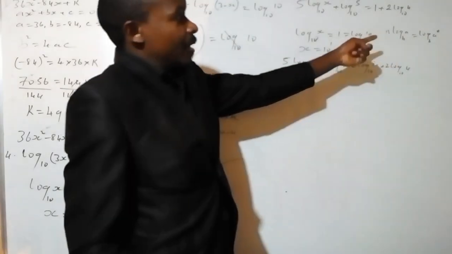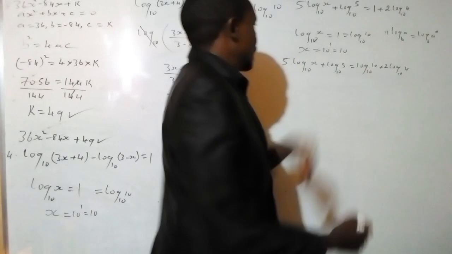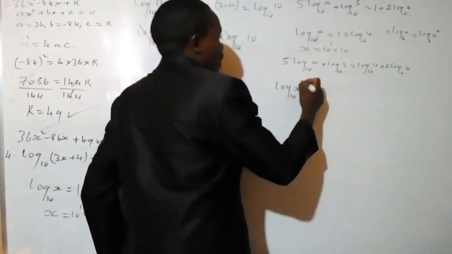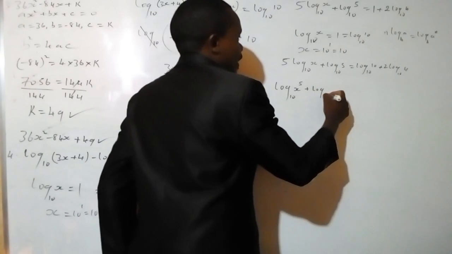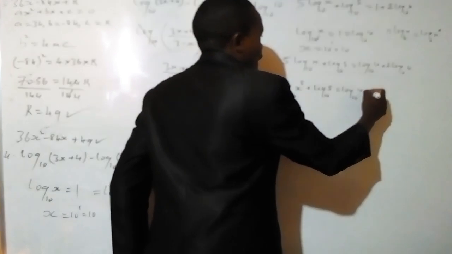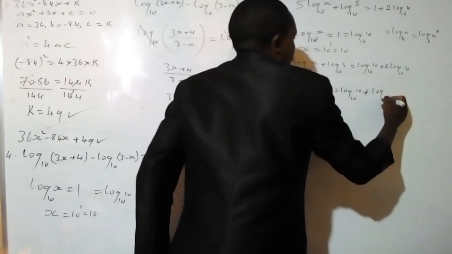We are going to write this in this format and say that log base 10 of x raised to the power 5, yeah, good, plus log base 10 of 5 is equal to log base 10 of 10, plus also similar to that, log base 10 of 4 raised to the power 2.